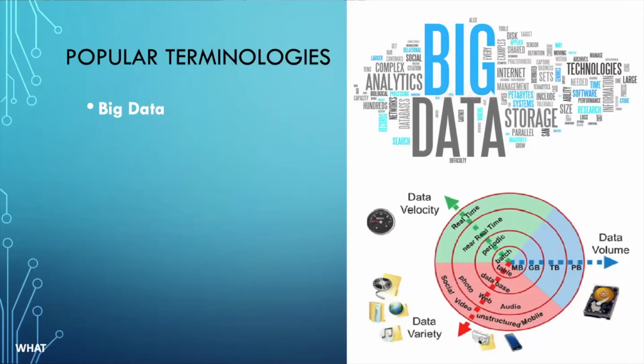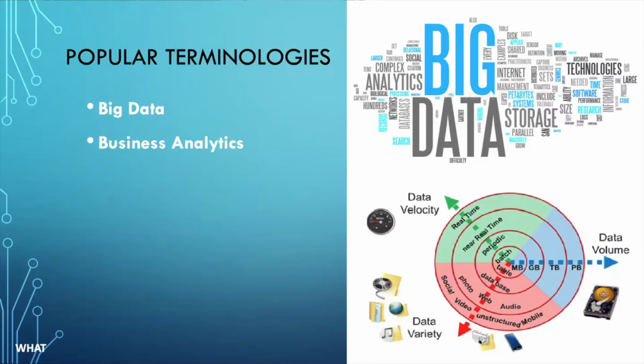Then it's velocity, which means very high speed. And the last one is variety, which means data are generated from multiple sources, such as databases, social media, websites, and even documents. I hope you can get some idea about what big data is now.